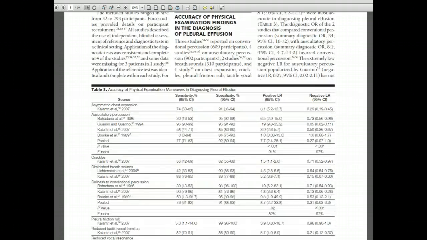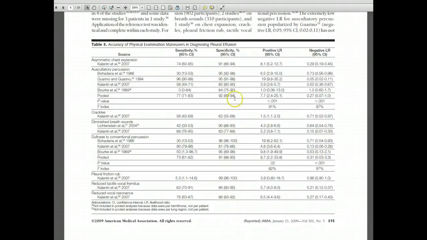Now, the results of the Rational Clinical Exam Series are in this nice table, and I think it's very useful and quick to get information from. It will be organized by the physical exam maneuver, and then under that will be individual articles which give the information. And you can see they organize their information by sensitivity, specificity, positive likelihood ratios, and negative likelihood ratios.